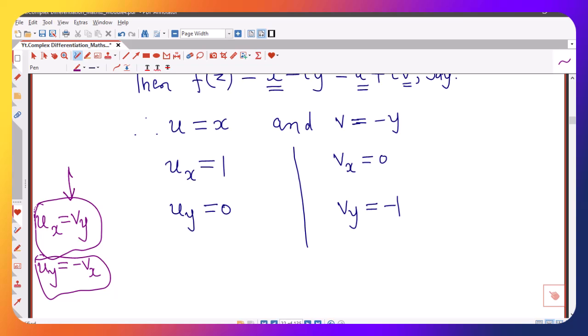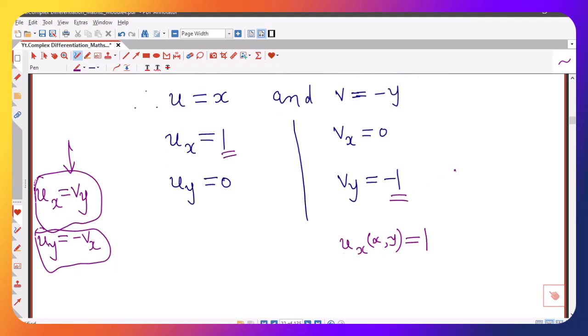First we check for this equation. Here del u by del x is 1 and del v by del y is minus 1. So both are constant functions. Del u by del x is 1, that means at any point xy in the complex plane, value of del u by del x is 1. Similarly, if we obtain value of del v by del y at any point in the complex plane, then it is same constant minus 1.